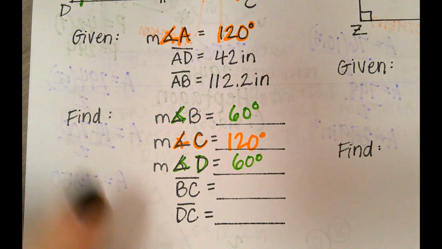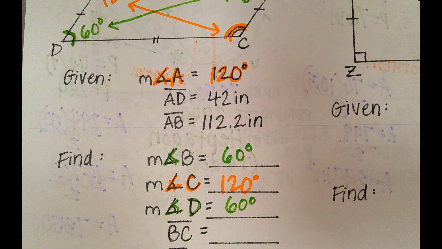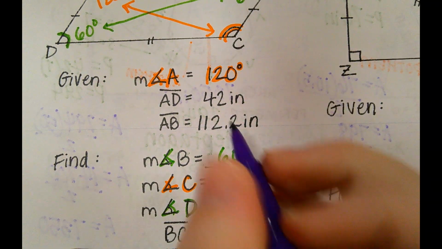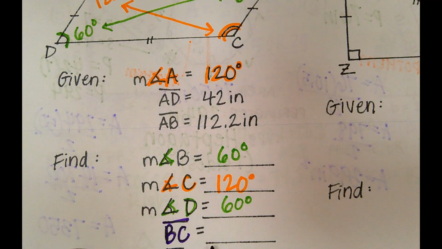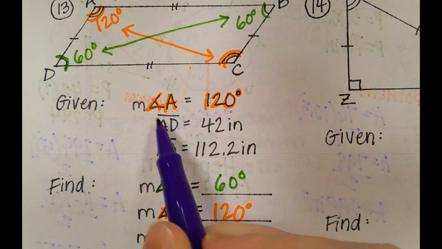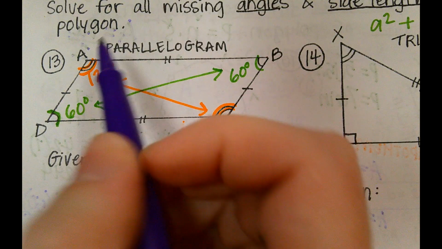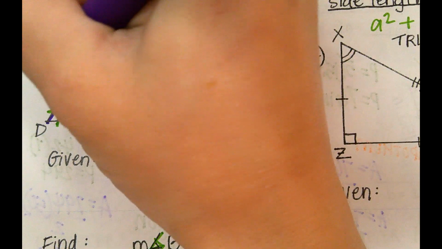C is 42 because A is 42. Good. So we just found all of our angles, so now we're looking at side lengths. And you said B to C is 42? And A is 42. Yeah. So I'm going to look again at my picture. I'm given from A to D, that's right here, my short length is 42 inches.